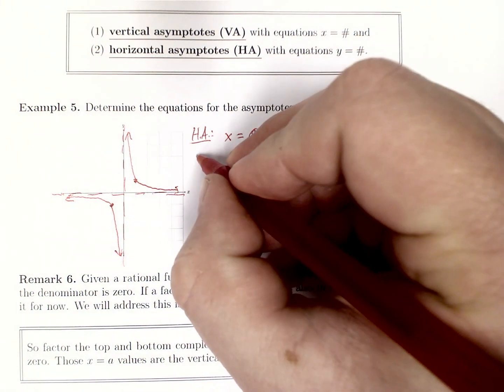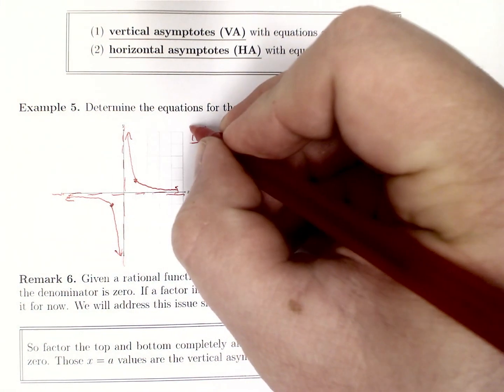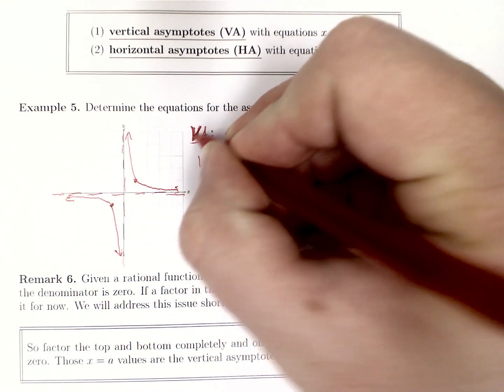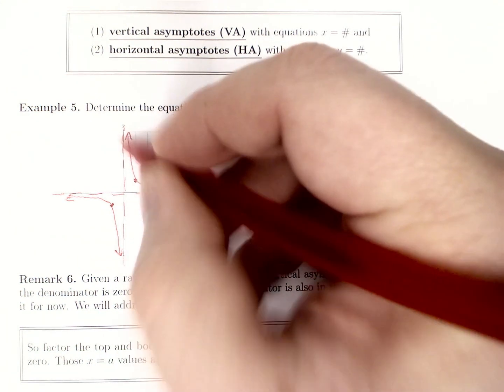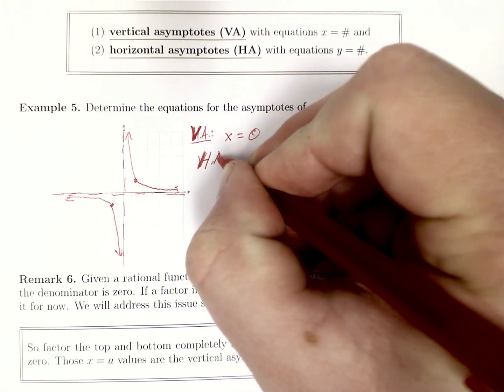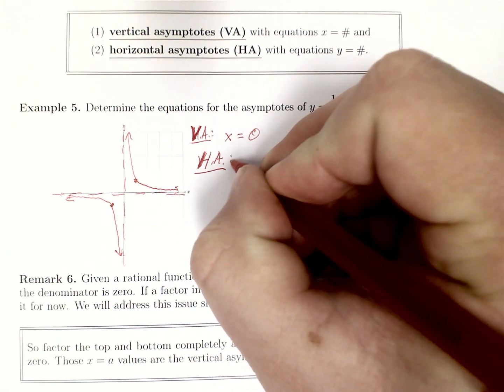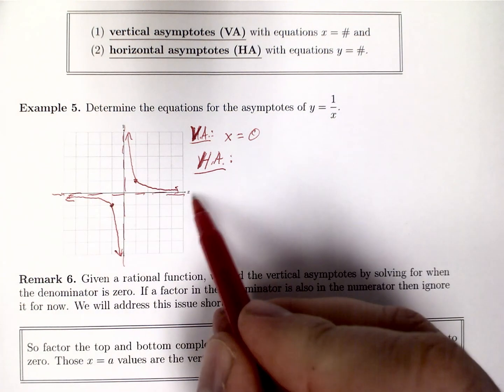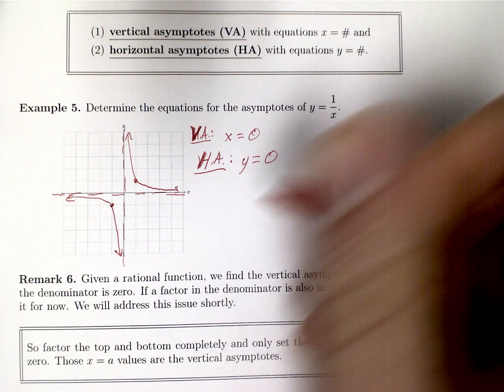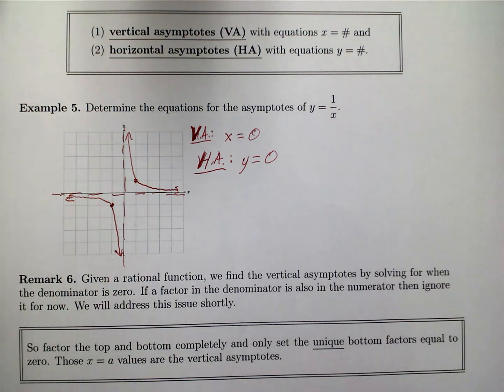And our vertical asymptote: it goes up and down, and it's vertical, so it is our vertical asymptote. Our horizontal asymptote is given by the horizontal line. Again, that's y equals a number, and the number it equals is 0.